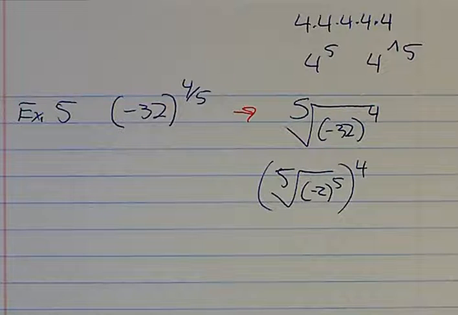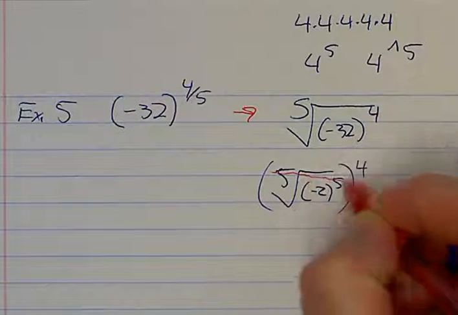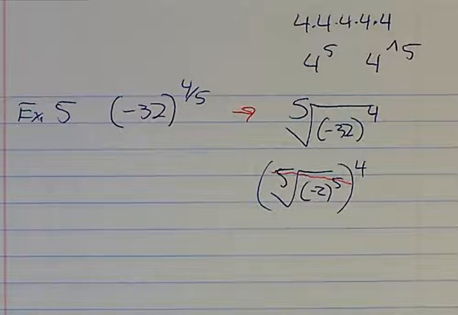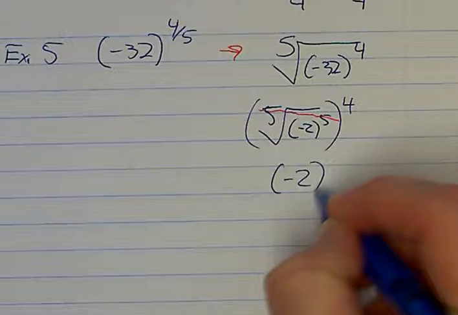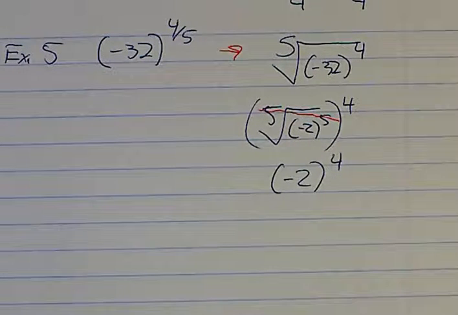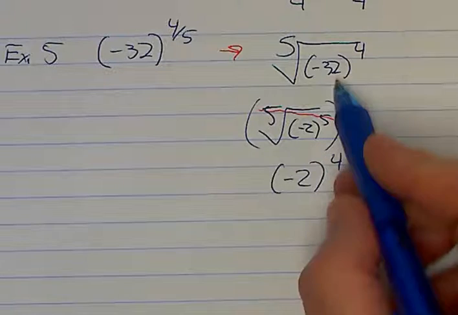So that way your 5th root and 5th power would cancel each other out and leave you with just a negative 2. And then we can take negative 2 to the 4th power. And that's a little bit easier to do than multiplying 32 to the 4th power.